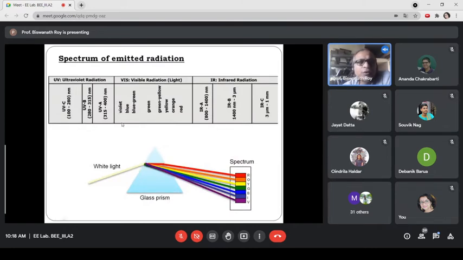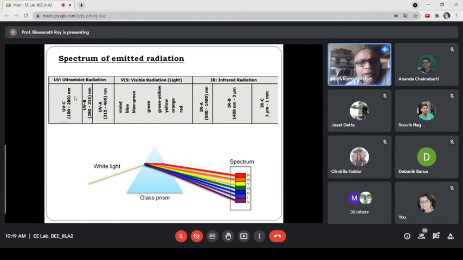Only thing I need to mention here is that there are 3 different ranges of UV radiation: UV A, B, C. Some water purifying systems are available commercially. In that water purifying system, one UVC lamp is there, right?